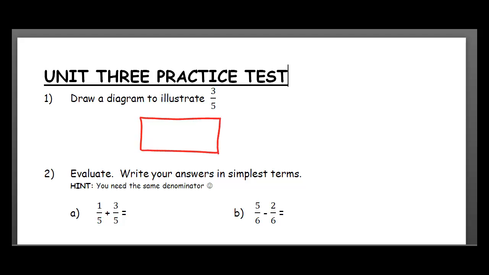And maybe divide it into fifths. Alright, so let's divide it into fifths, and then maybe you shade in 3 of those sections. And that just illustrates 3/5 as a fraction.